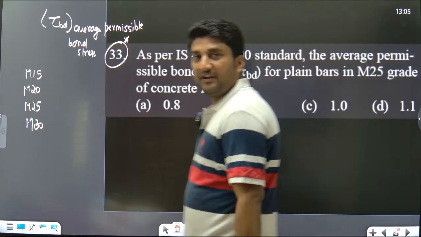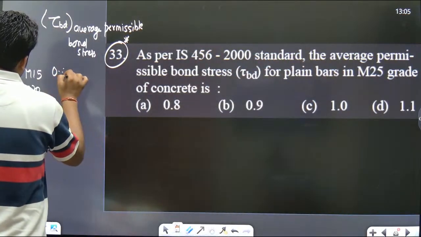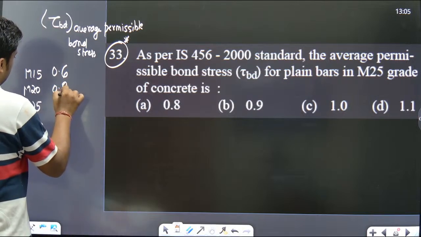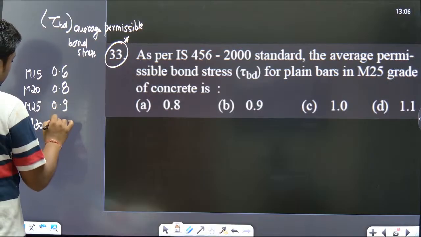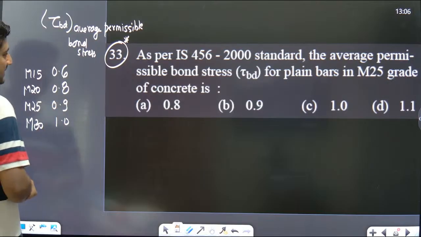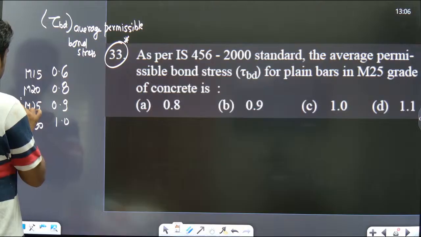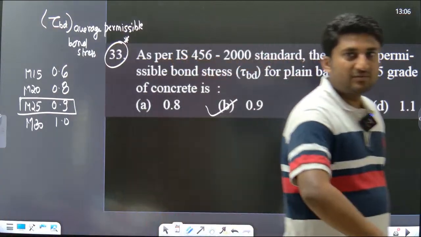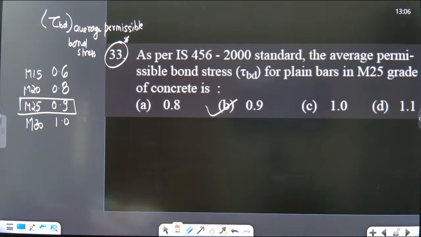So for M15 it is 0.6, then 0.8, then 0.9, then 1. You can see for M25, this value is 0.9. Understood? I hope it is clear.